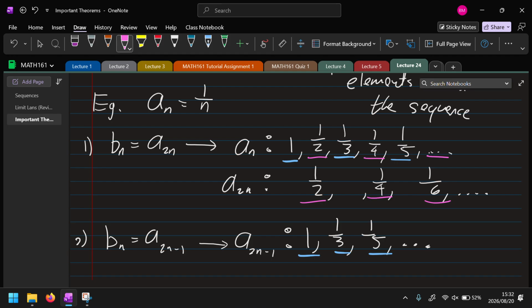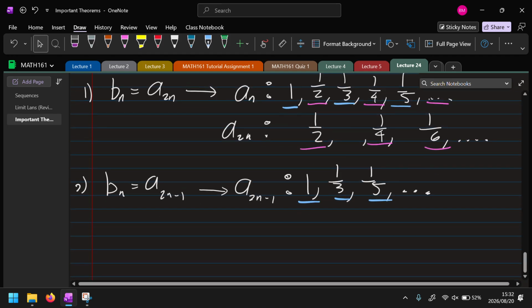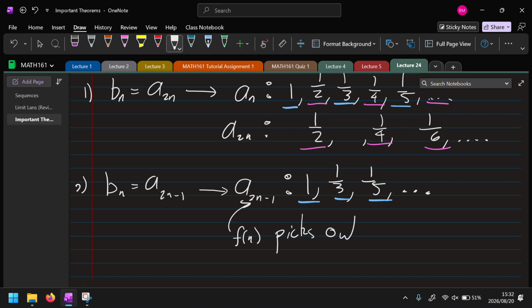You can make that function at the bottom there whatever you want. So again, this bottom part here, this f(n), picks out the terms that you want. If it's 2n, that gives you all of the even terms. 2n minus 1 gives you all of the odd terms. You change it for what you need.